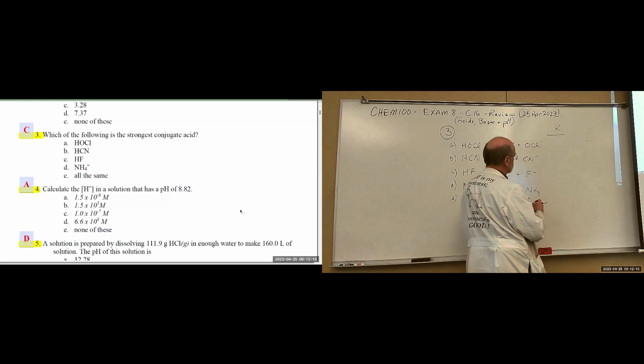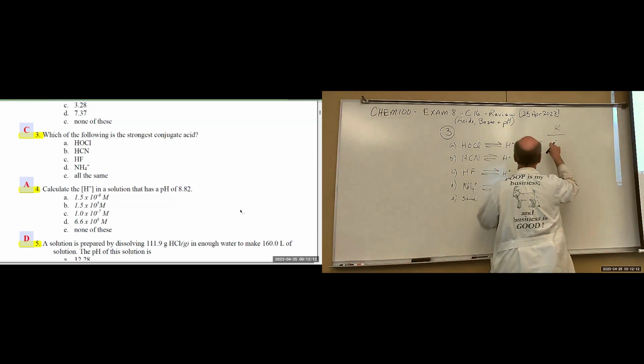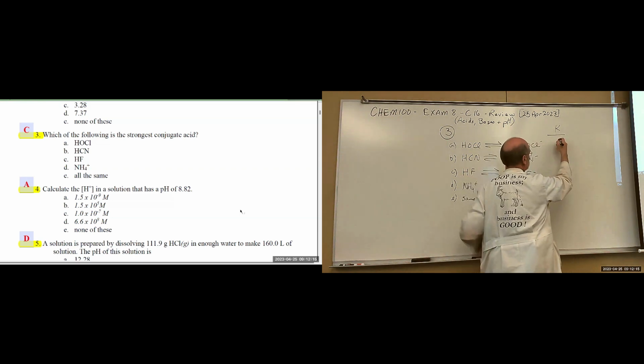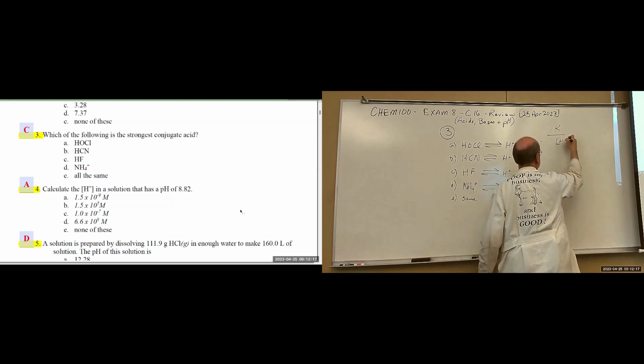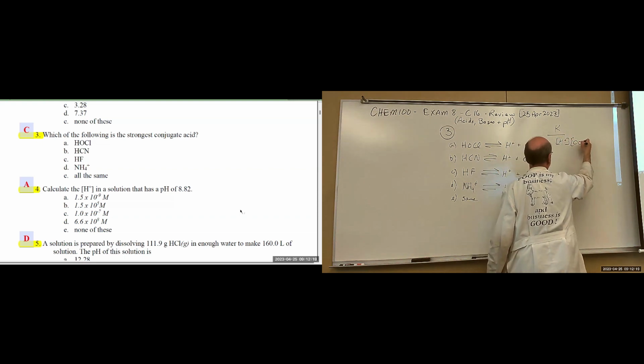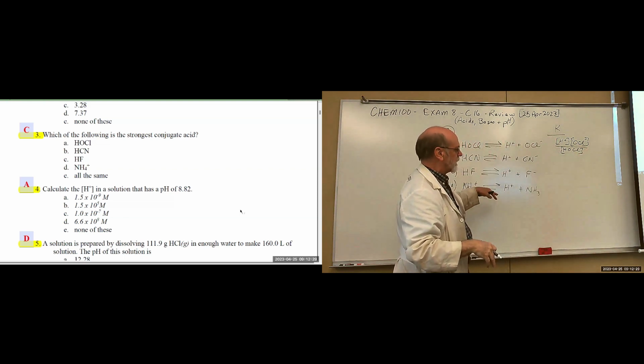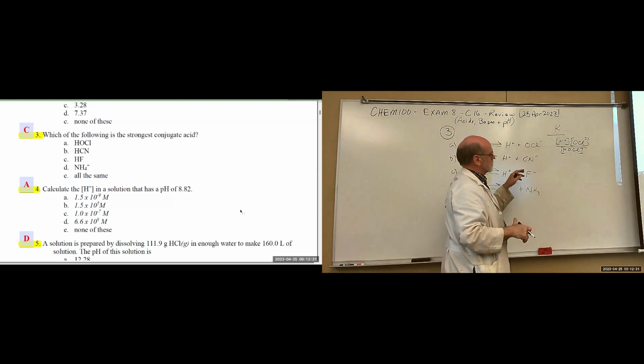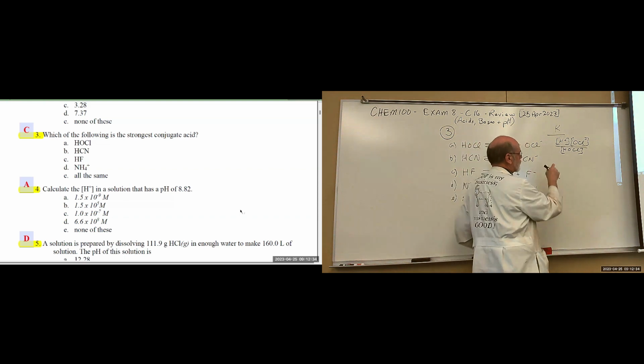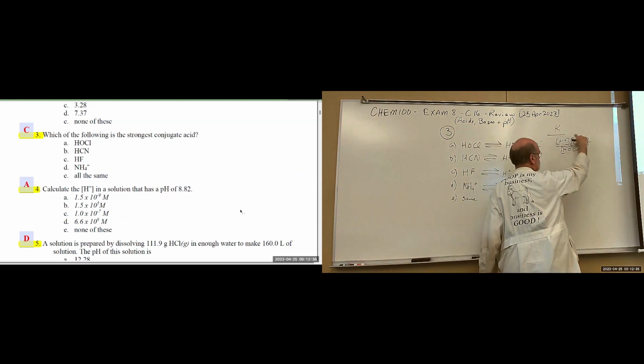If we write the K for each one of these, then the K for this one is going to be like that over this one. So we don't need to write each one because they're going to be built the same way. But the point is, what you're looking for is which one gives you the largest part up here and the smallest part down here.